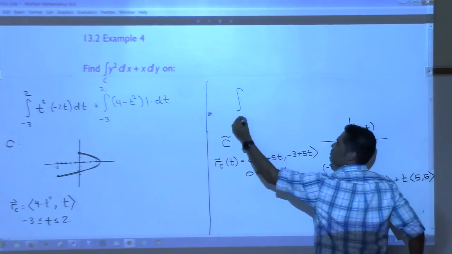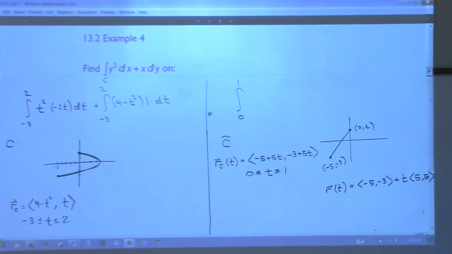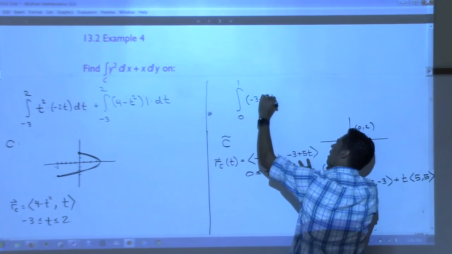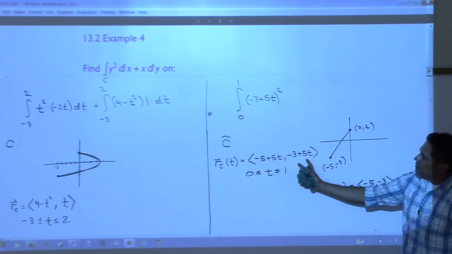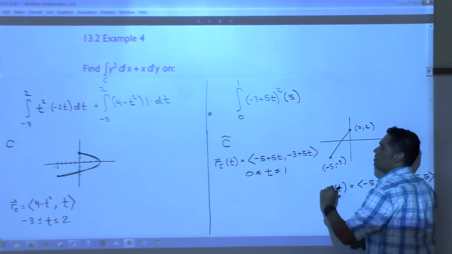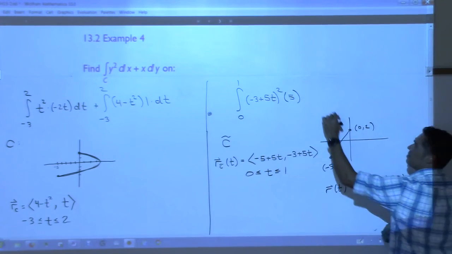So that's 0 to 1. -3 plus 5t, that entire quantity squared, times 5, that's dx. And then you want to do this one all together, just so you can see the two differences.